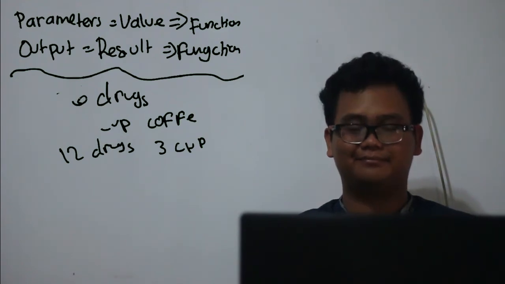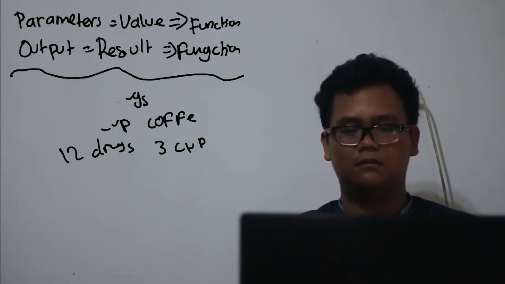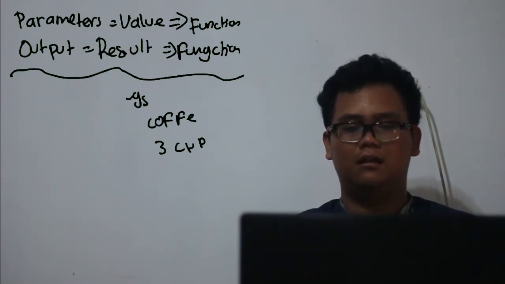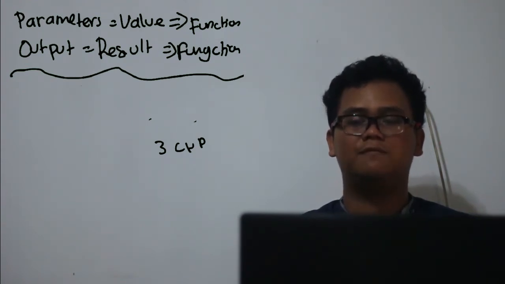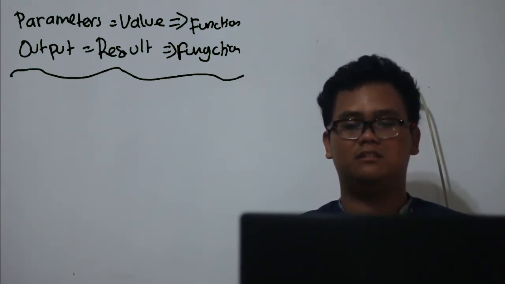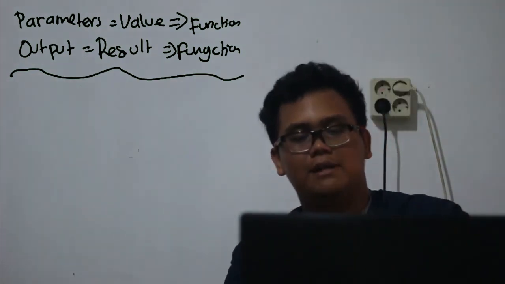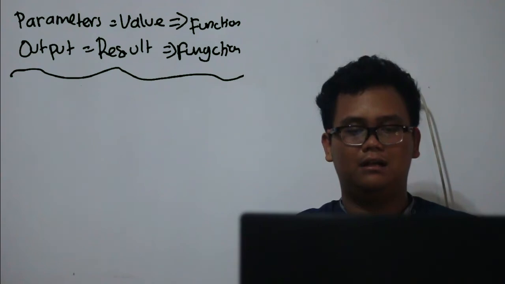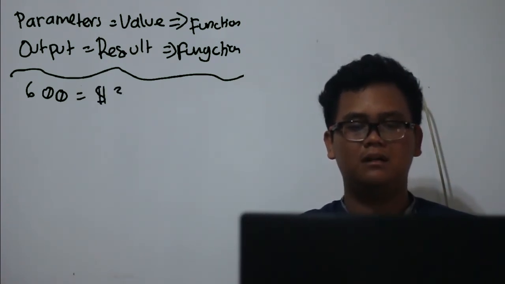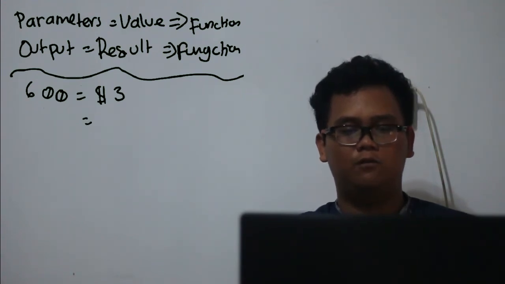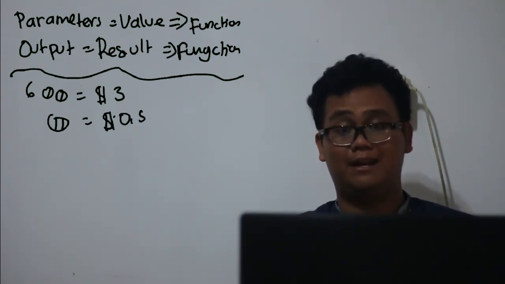Okay, so here we are. We know that the price of 6 drugs is $3. So if we have just 1 drug, it costs just $0.5, right?